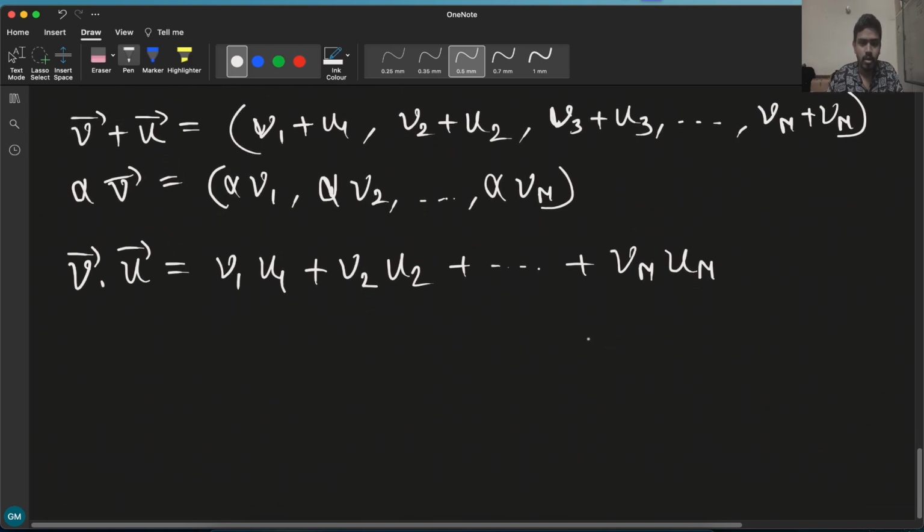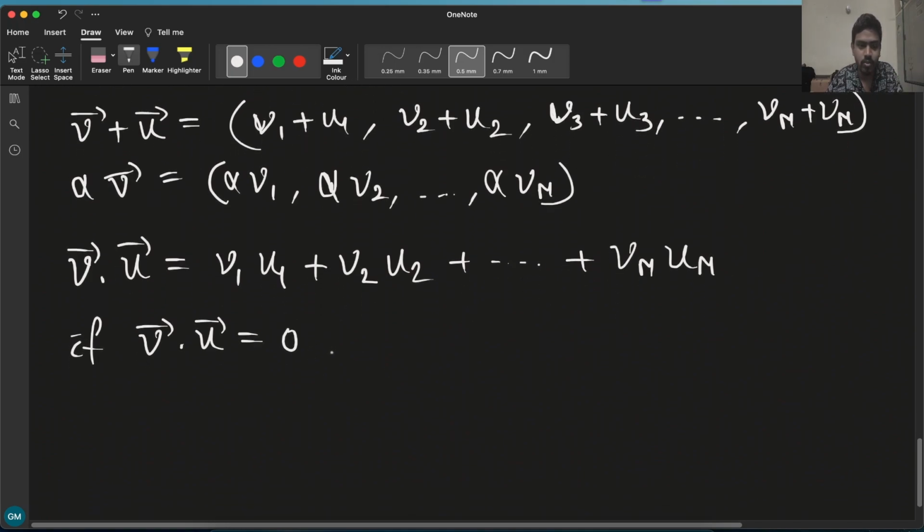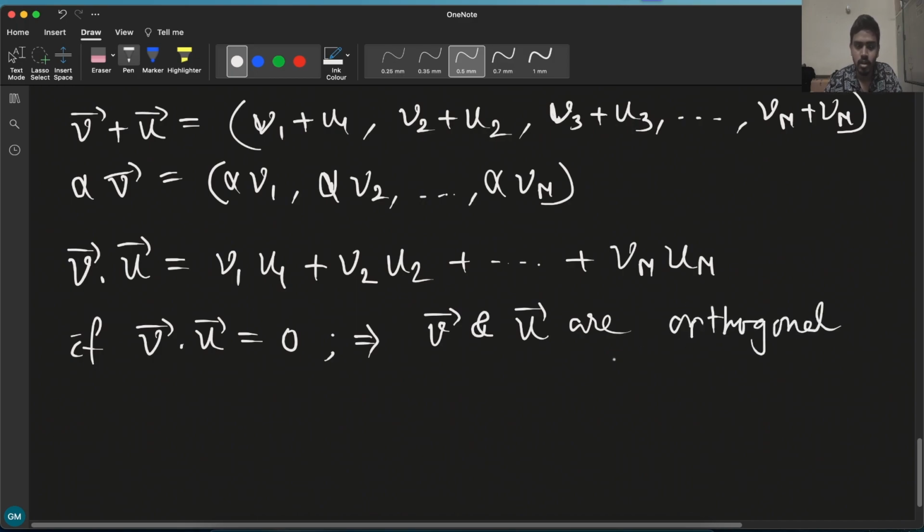Okay, and if v dot u equals 0, that means if this value is 0, then we will say v and u are orthogonal, assuming v is not equal to 0 and u is not equal to 0.